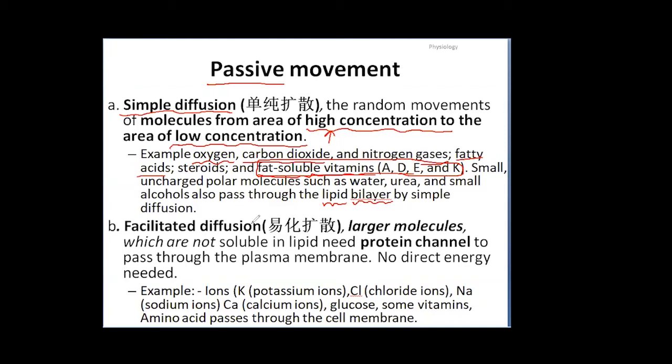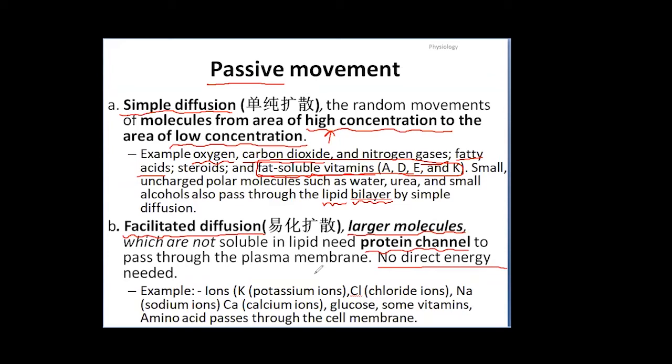And we have another way of passing through by passive movement. We call it facilitated diffusion. That means some bigger stuff can go this way. They still don't need energy, but they truly need some protein channels to help.